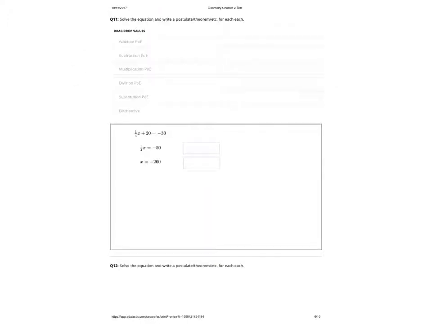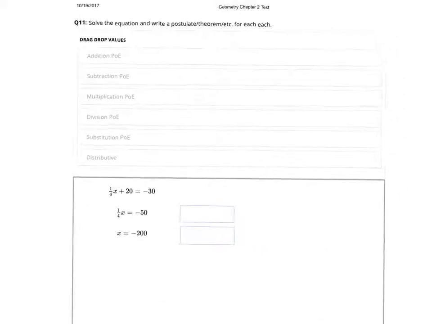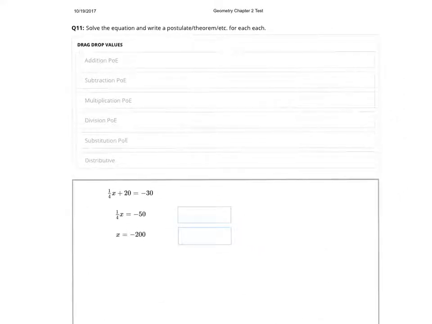Question 11 is the same thing, just slightly different, a couple more steps. So question number 11, guys, all we got to do is choose one of these to go in down here. And again, actually write out the problem.